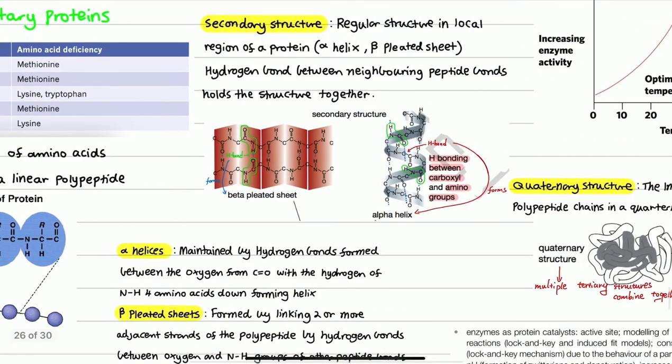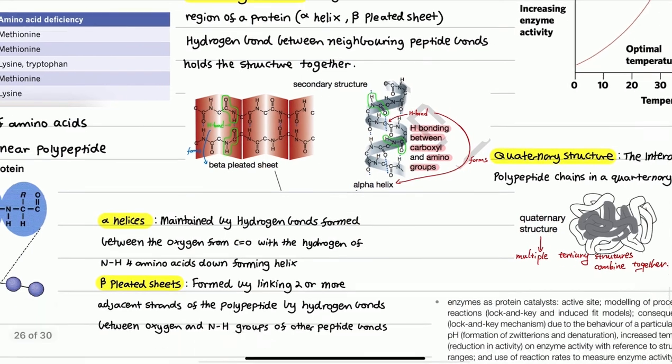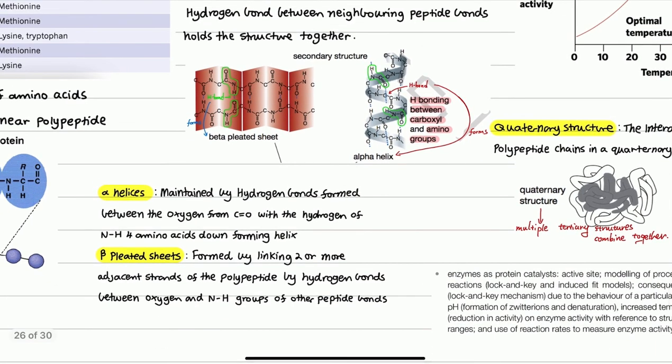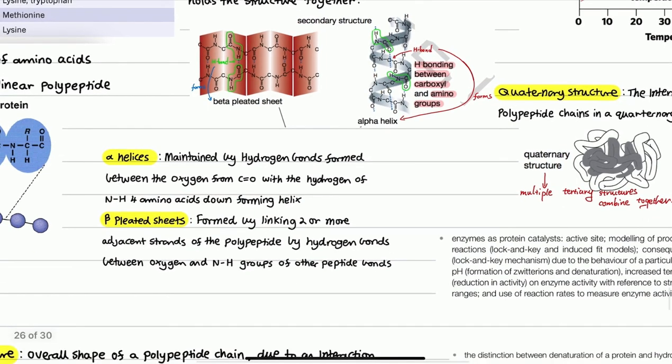Now, the secondary structure is defined as the primary structure of polypeptide chains folded into different shapes as a result of hydrogen bonding within the polypeptide chain. Now, you want to know that there are two types of secondary structures, alpha helices and beta pleated sheets.